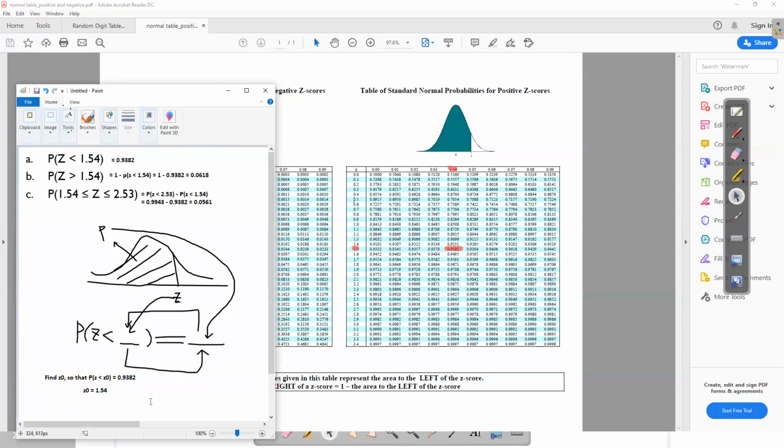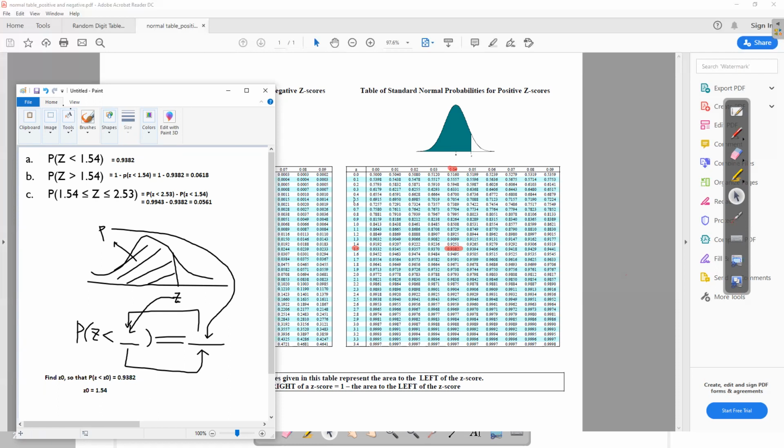Then another thing is, Z distribution is a continuous distribution. There's an infinite number of different Z scores. But a table can't list an infinite number of values, right? So when you look for something that's not on the Z table, you can't find the exact match. We need to be ready for approximation.